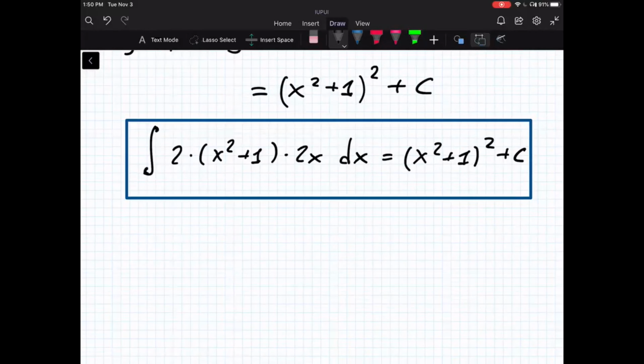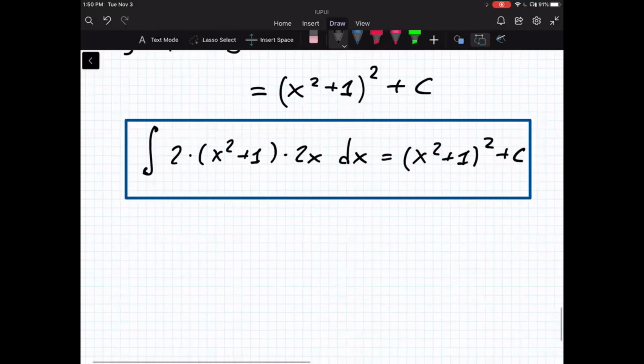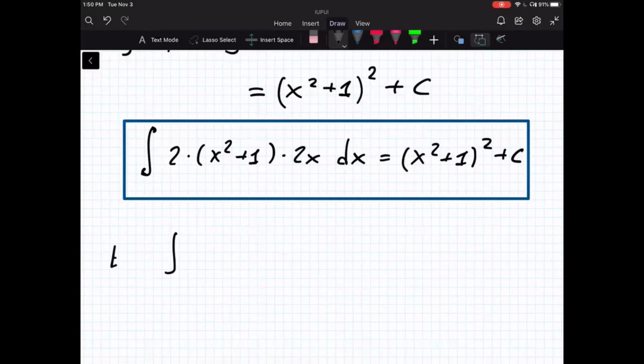And let's try to apply this idea to the following integral. Suppose we have another example: the integral of 1/2 times x squared plus 1 to the power minus 1/2 times 2x. It is quite similar to the one that is in the blue box.